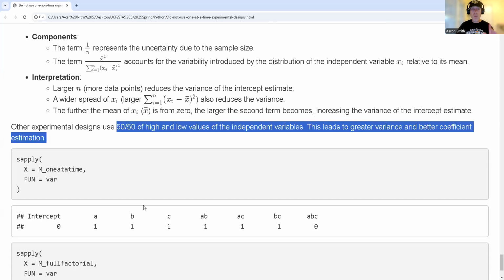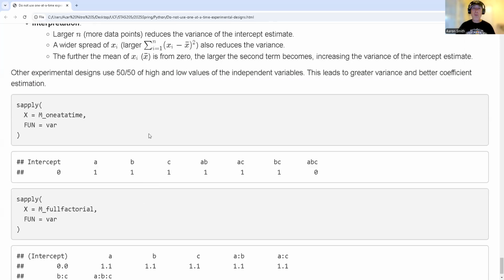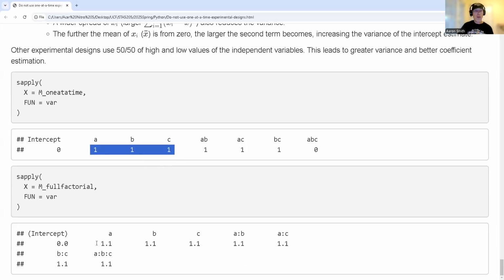All right, so now I'm going to show you the variance of the design of experiment matrices. And you can see that in my one at a time experiments, each main effect column has a variance of 1. Okay. Well, what is it for full factorial? Well, full factorial, I can see that it's a little bit bigger.